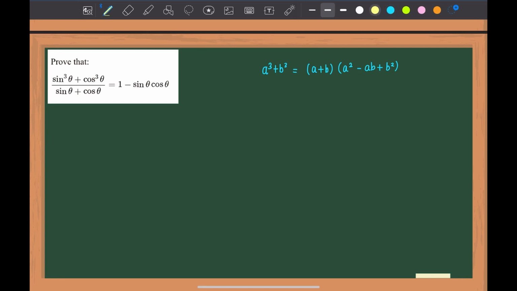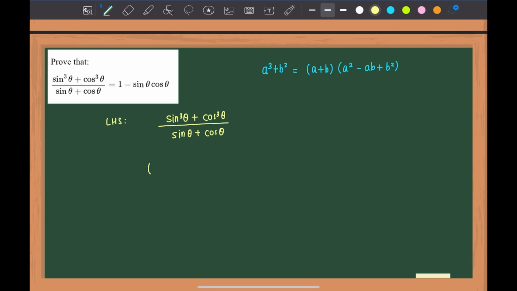So in the left hand side we have got sine cube theta plus cos cube theta whole divided by sine theta plus cos theta.